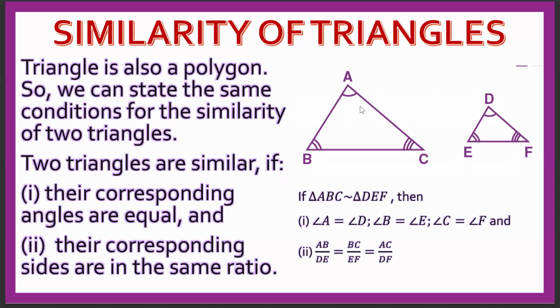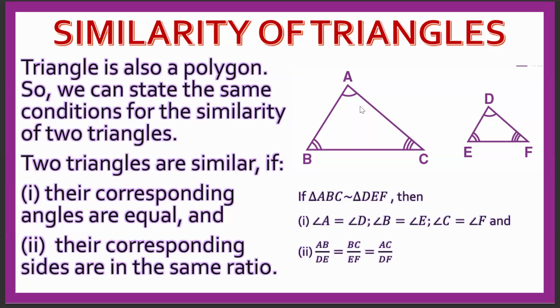Here, one thing is very important that I would like to discuss with you. Before going to the conditions of similarity, we will discuss the first condition, that their corresponding angles are equal.